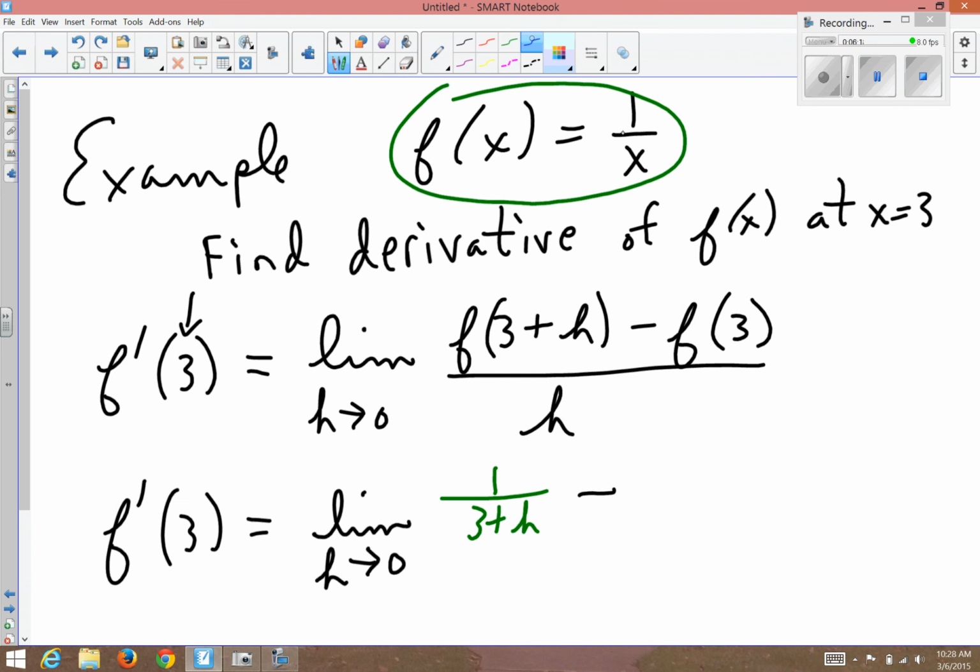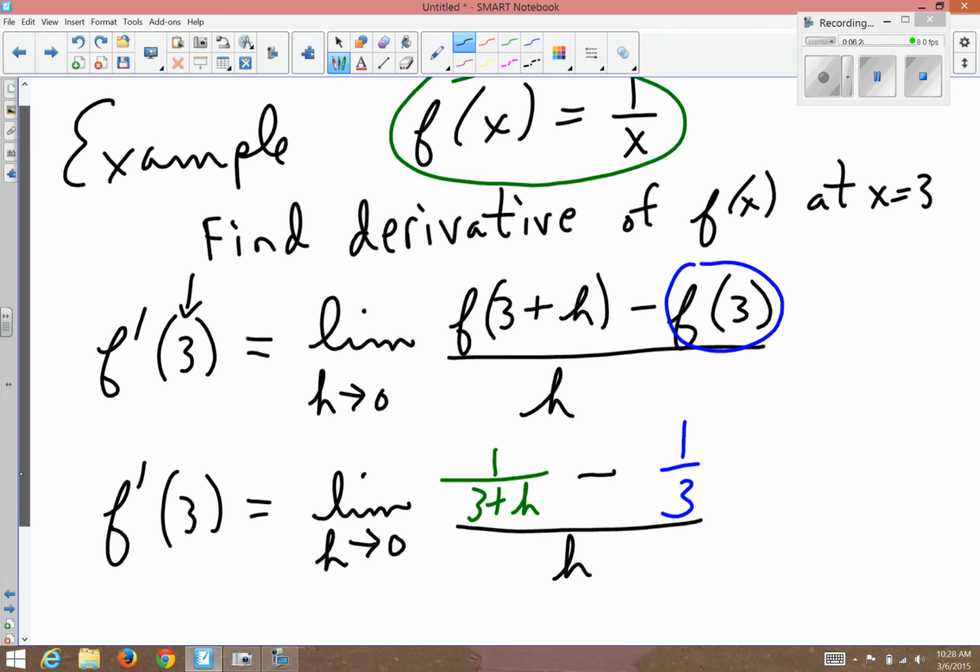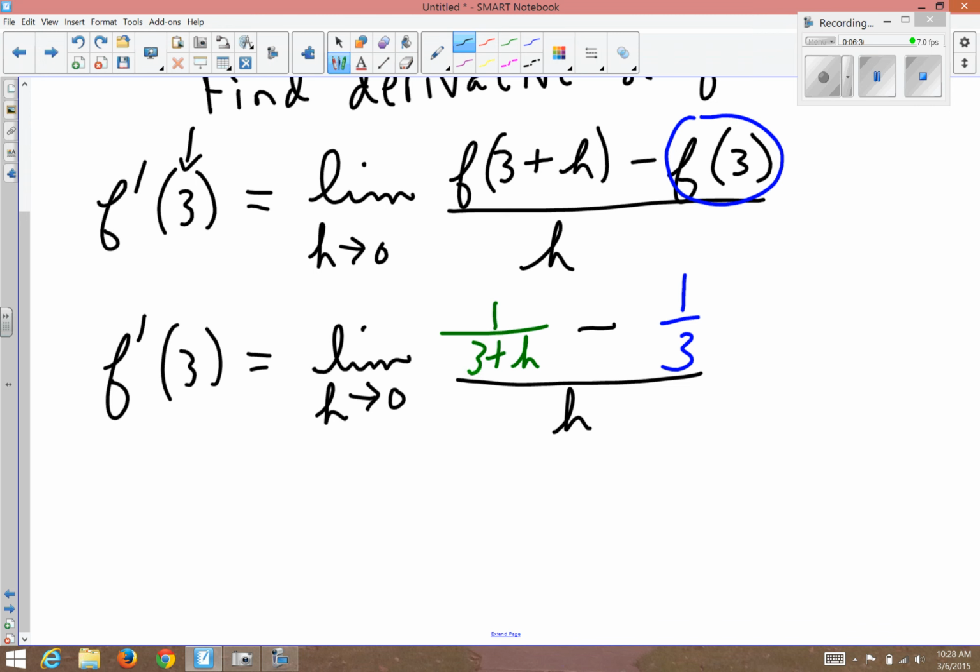Minus f of 3 means put 3 in place of x. F of 3, 1 over 3. We're now going to multiply this green, this blue, and this denominator by 3 plus h.